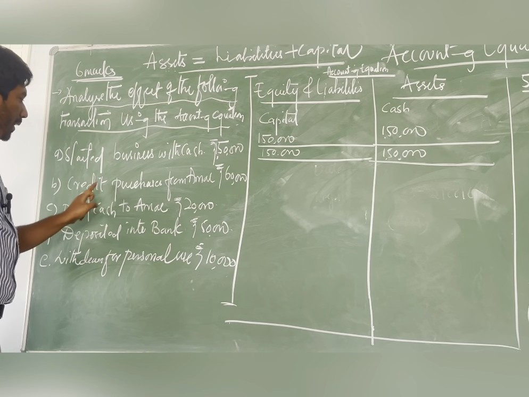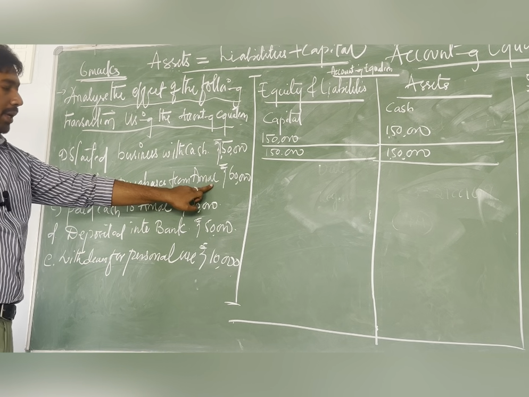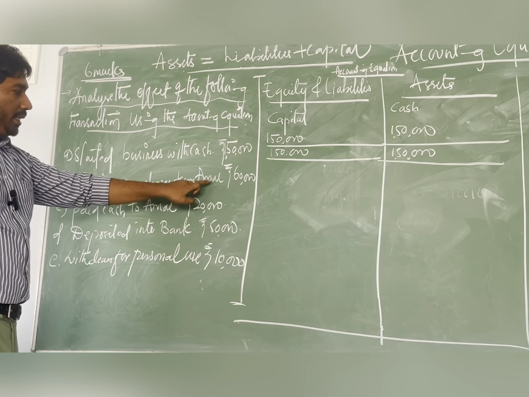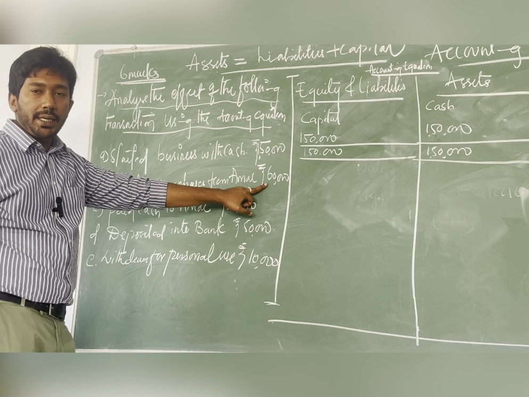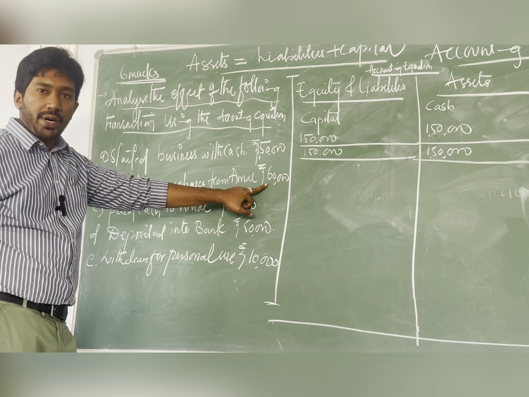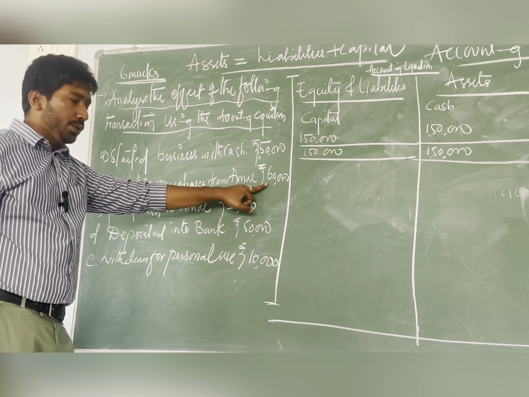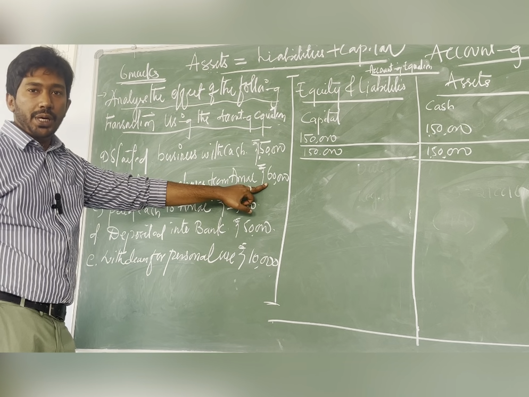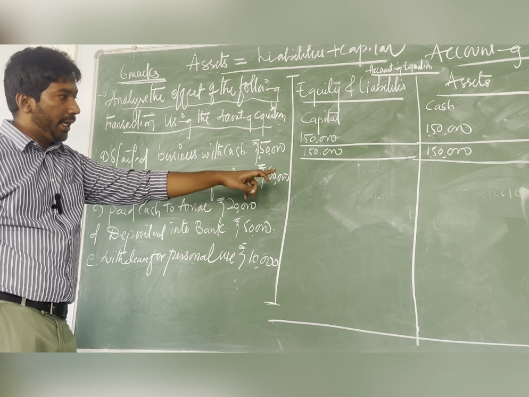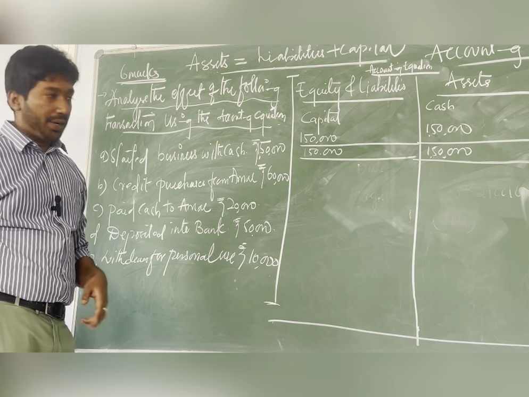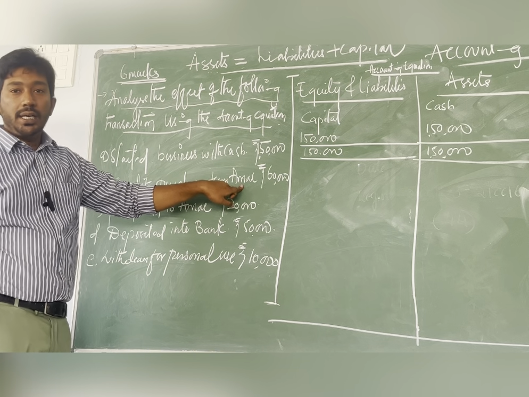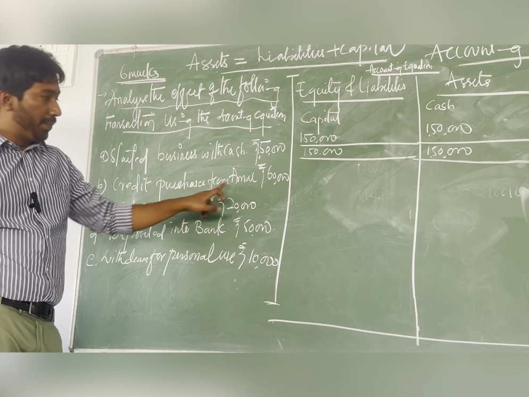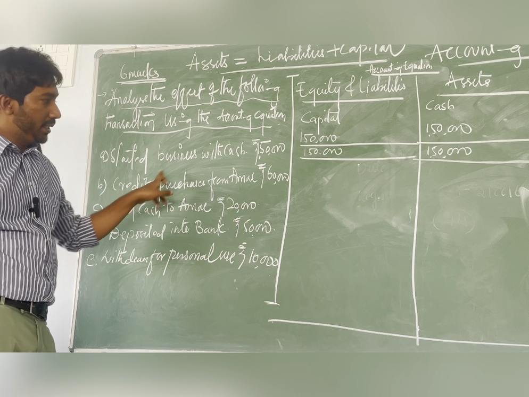Here they have given credit purchases from Aman. When you purchase goods, it is considered as inventory. Whether you sell or purchase, we take that in the balance sheet as inventory. Inventory is coming in, and creditors are also coming into the picture because we have purchased on a credit basis.